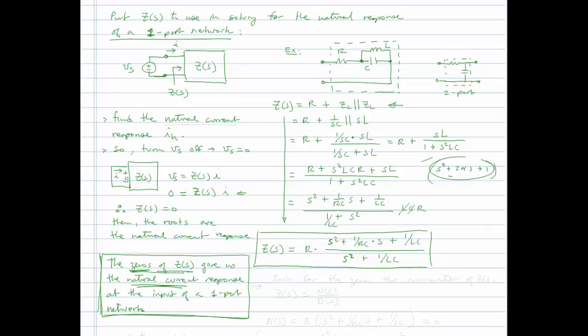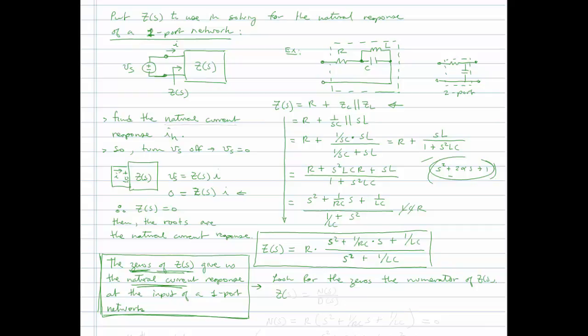So for example, if I wanted to find the natural current response for the above network, this example here, all right, then I'm going to look for the zeros of the numerator of Z of S, right?